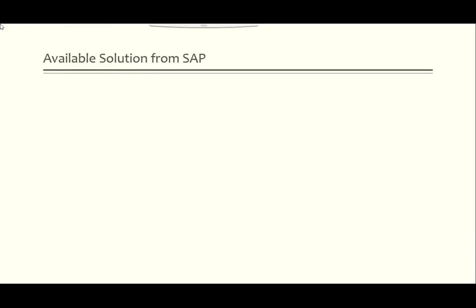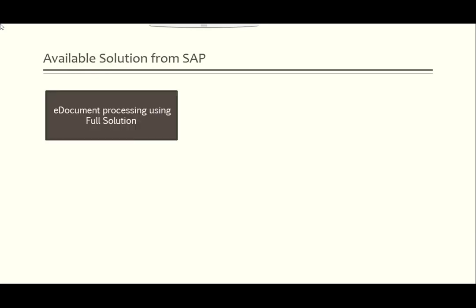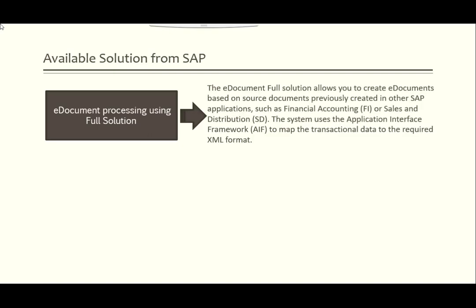Now come to the available solution from SAP. For this e-document solution, SAP provides two types of solution. One is called the full solution. The full solution allows us to prepare the XML file from the source document, that is the financial accounting document or the SD document, map the information into XML and transmit it to PAC, and from there to SAT.